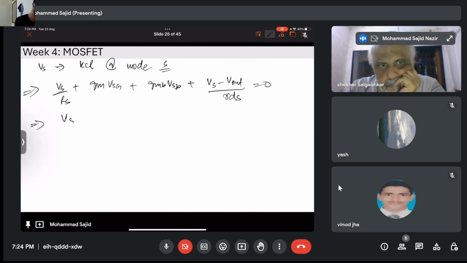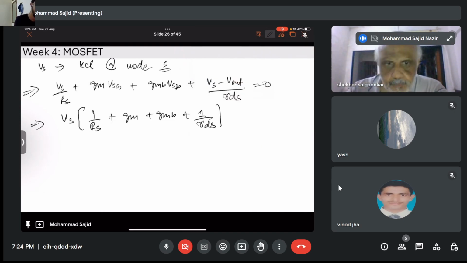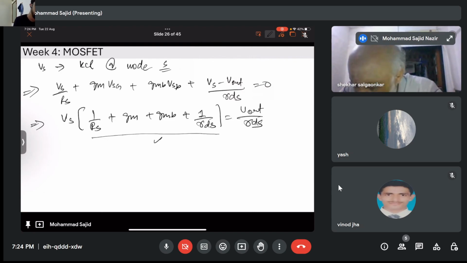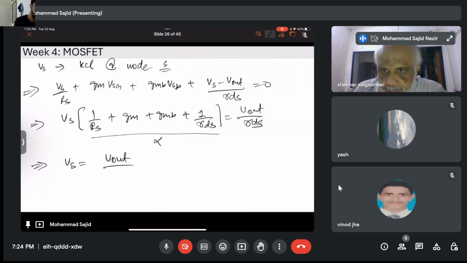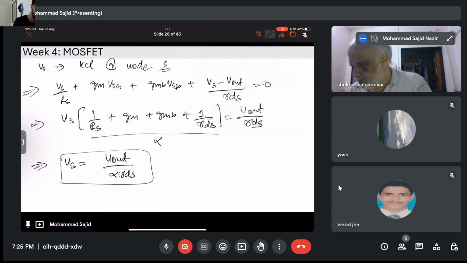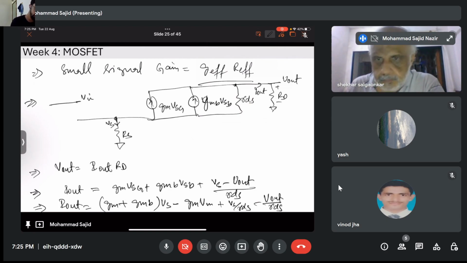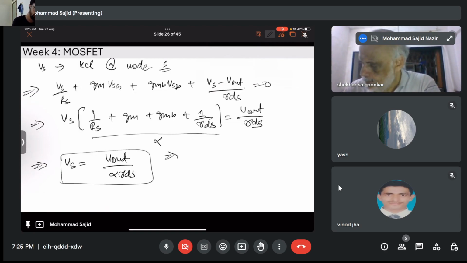So my Vs, I'm skipping the steps again, plus Gm plus Gmb plus, sorry, this is to be 1 by Rds, is equal to V output by Rds. Correct? Let's denote it as alpha. So the Vs is 1 by alpha times V output by Rds. Okay? So I will just substitute it here.